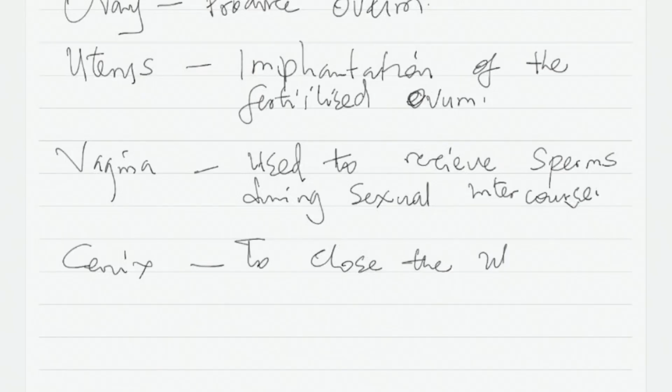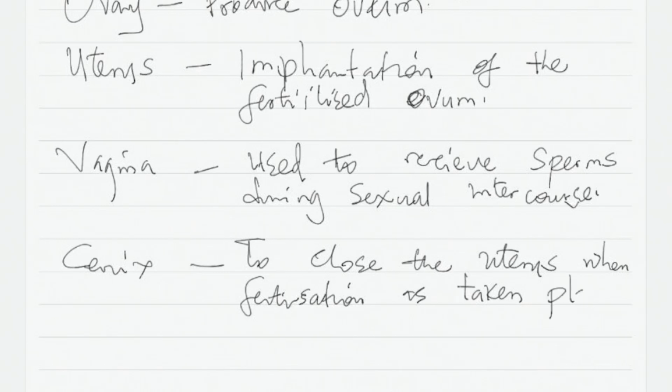So we are saying that the cervix closes the uterus when fertilization has taken place, to avoid miscarriages.